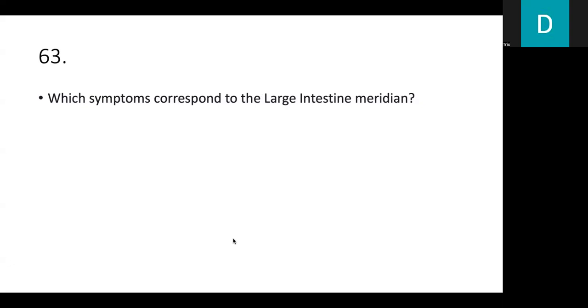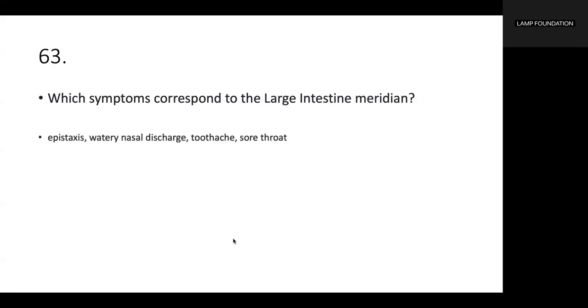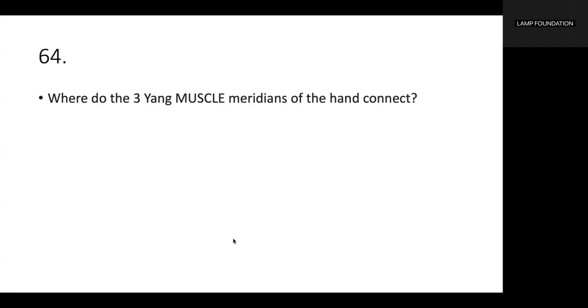Which symptoms correspond to the Li meridian? Epistaxis, watery nasal discharge, toothache, and sore throat. Where do the three yang muscle meridians of the hand connect?